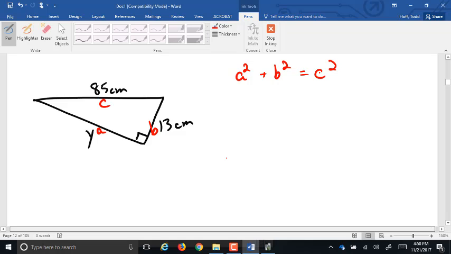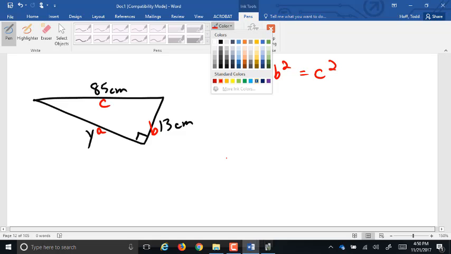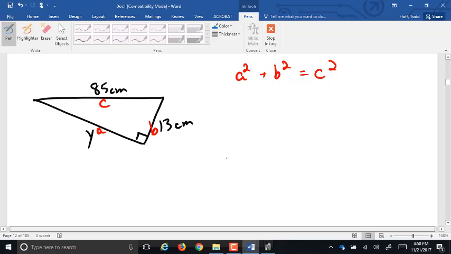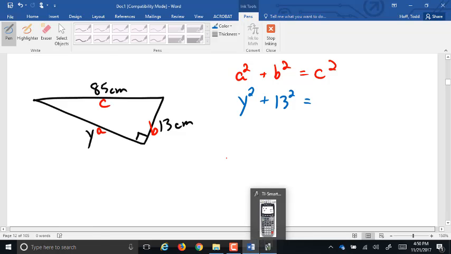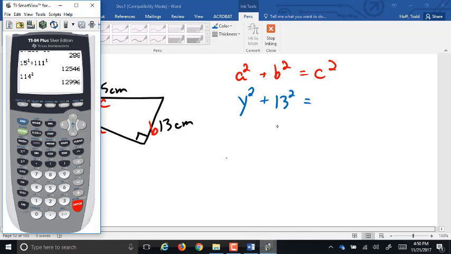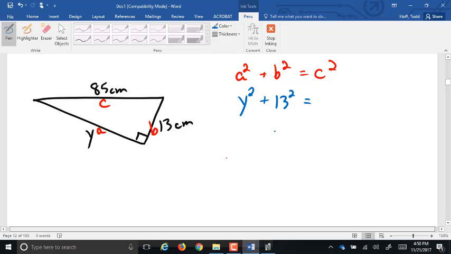Now, the reason I made that missing side A is just because it's always easier for me if the variable is first. A is y, so this is going to be y squared, plus B is 13, so that'll be 13 squared, equals C is 85, or 85 squared.